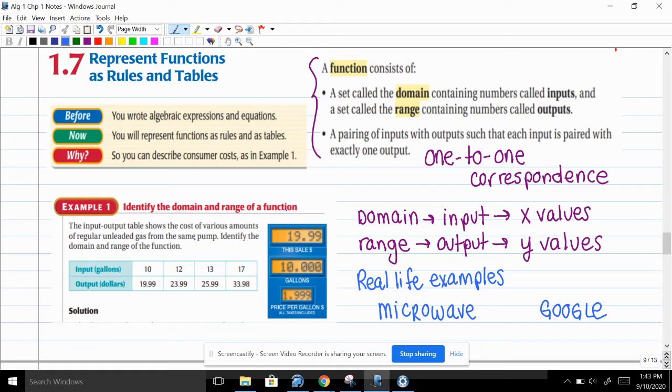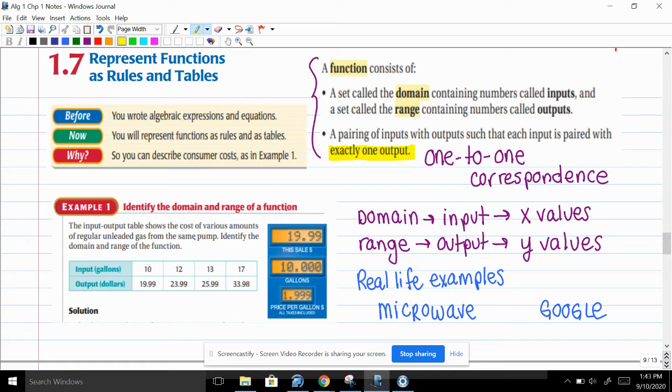I'll give you a chance to think about that for a minute. Now if it's a function, that means it has a one-to-one correspondence. That means that each input has to have one and only one output, right? Exactly one output, like it says up there.